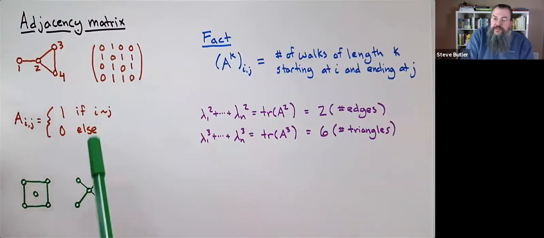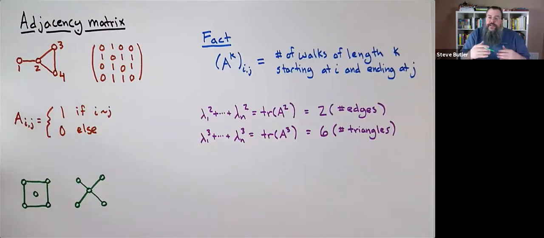We permute the matrix, yes, but the eigenvalues don't change. This is one of the reasons why we like spectral graph theory: we're going to lose information about the labeling, but that's probably a good thing because sometimes labeling can be misleading or, well, very suggestive.